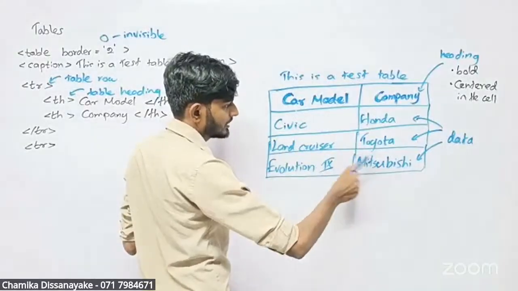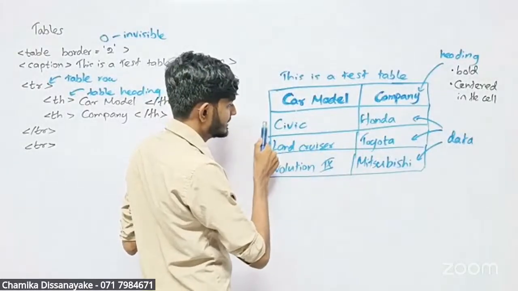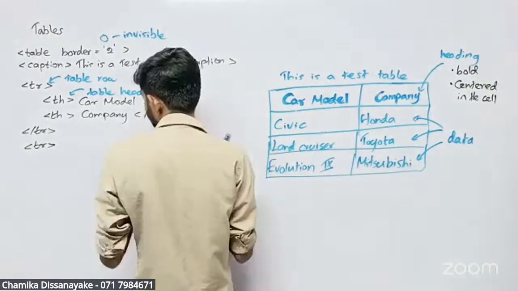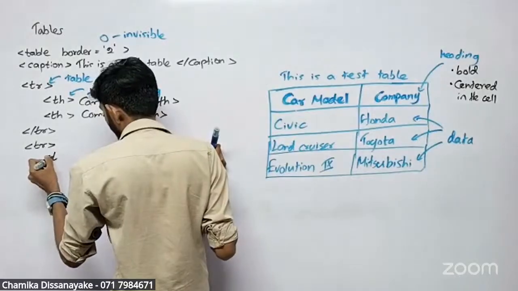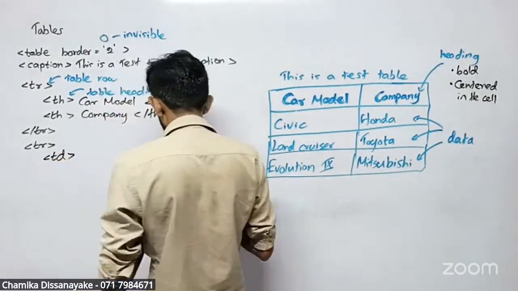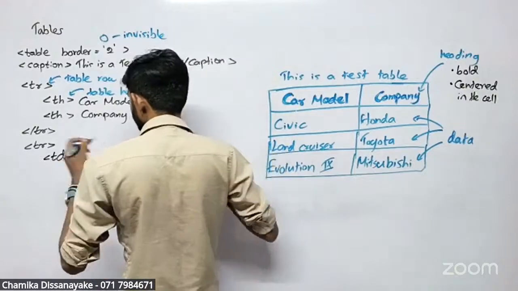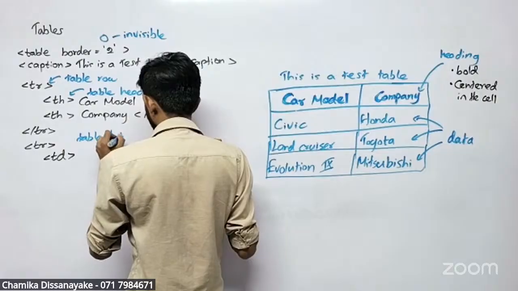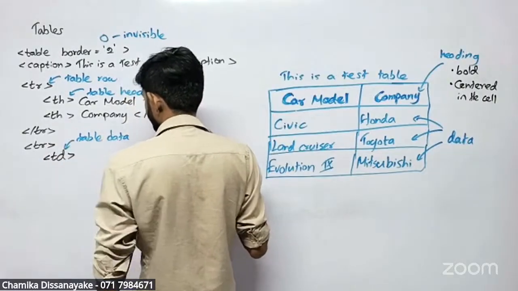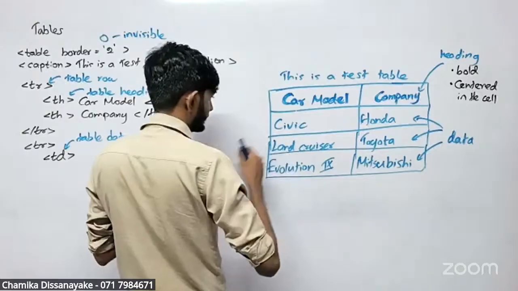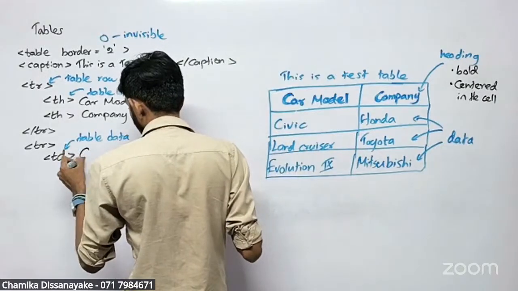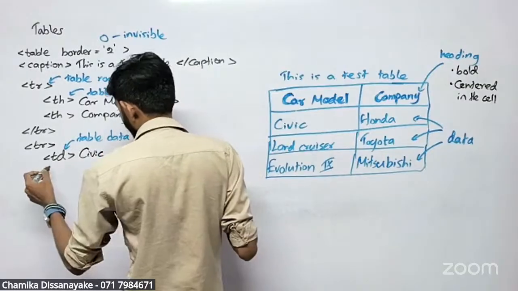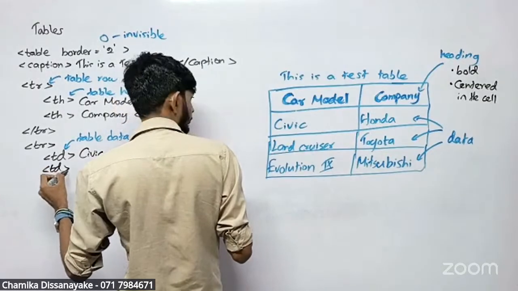Here we have data. So I'm going to create this data, the Civic data, which means table data, TD. Table data. So the first data is Civic, and that data is closed. And we have another data called Honda.